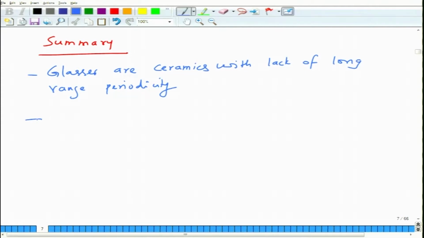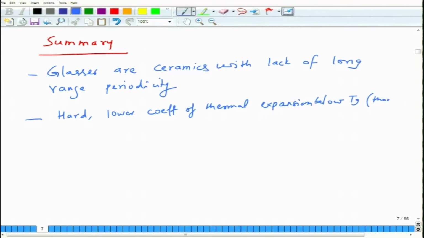Okay. They contain the same attributes as ceramics. They are hard, harder than metals. They have a lower coefficient of thermal expansion than metals, provided you use them below the softening temperature, below Tg or Ts.